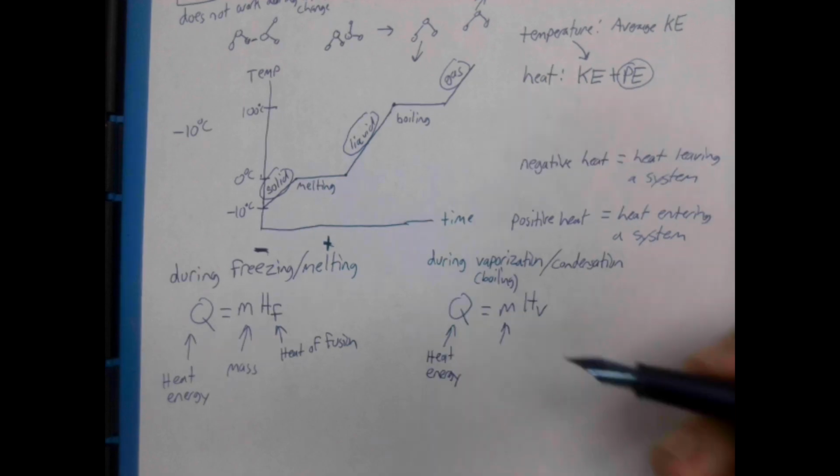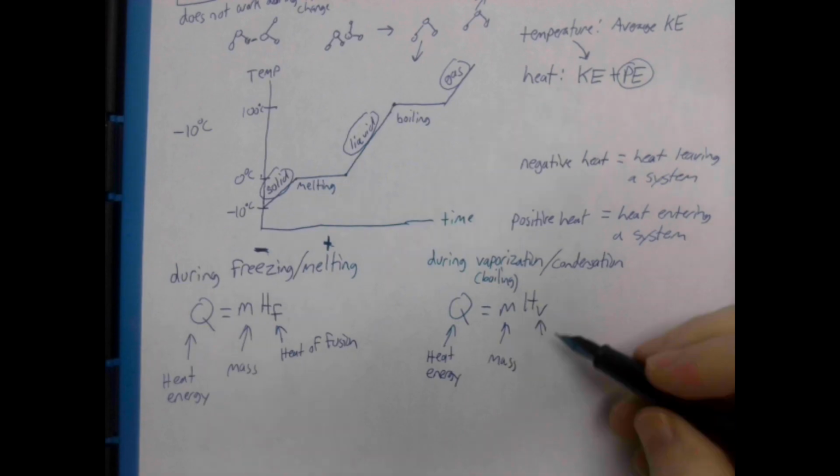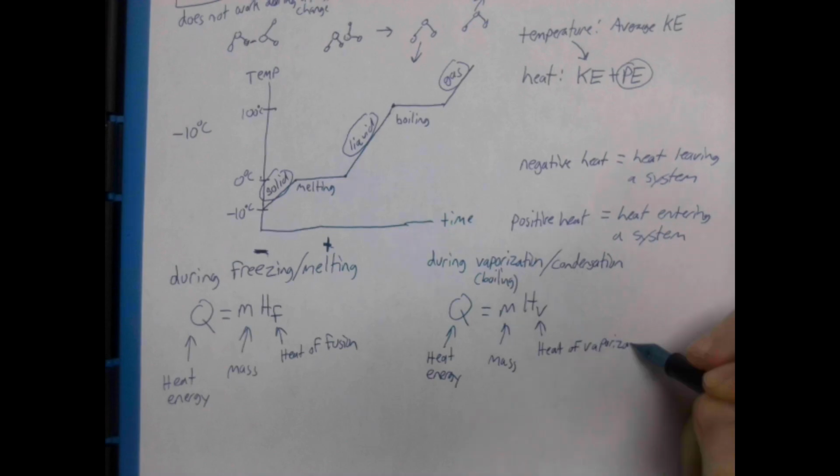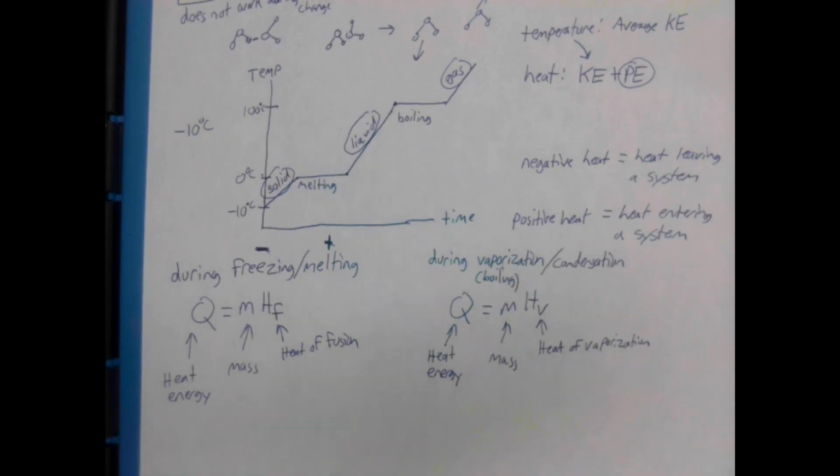So heat energy, this is mass, and this is heat of vaporization. Heat of fusion, heat of vaporization, and specific heat are just constants that depend on the material. You just look up in a table for whatever substance you're dealing with, and it will tell you the value for it. So let's work on an example.